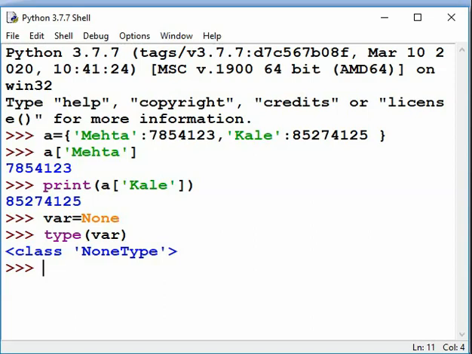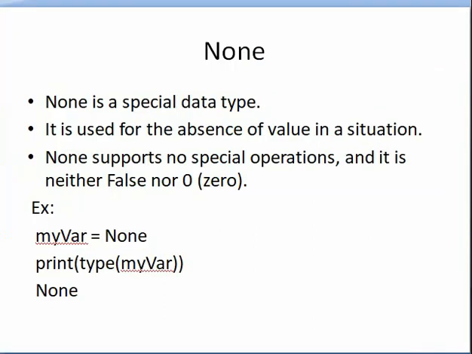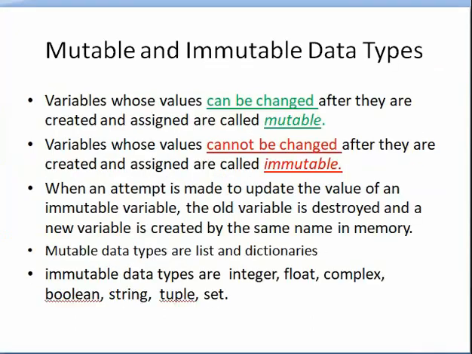Now next is some theory part. Okay. So let us see some theory part. Mutable and immutable data types. Variables whose values can be changed after they are created and assigned are called mutable.